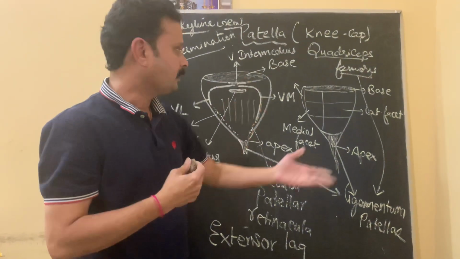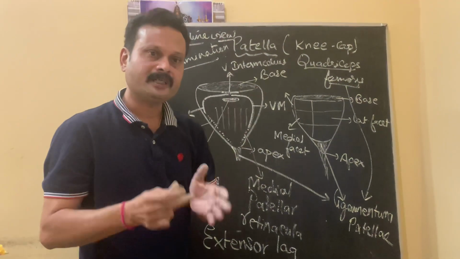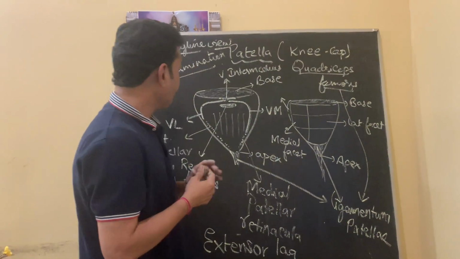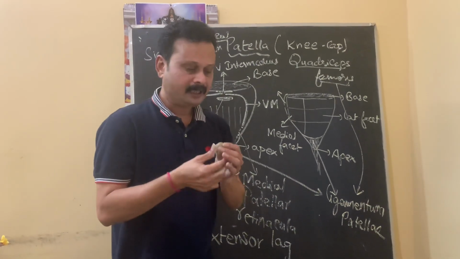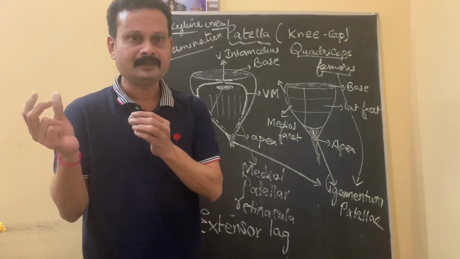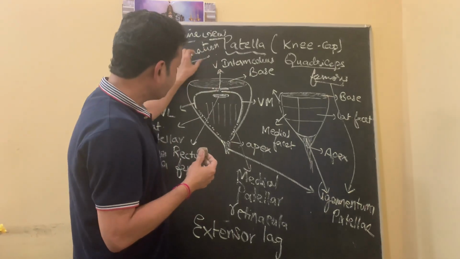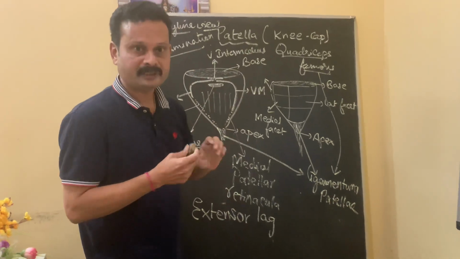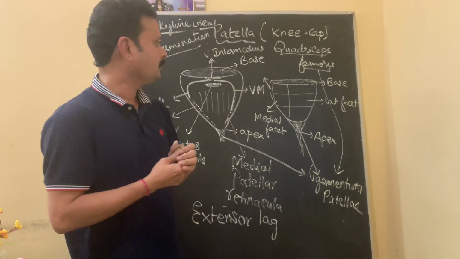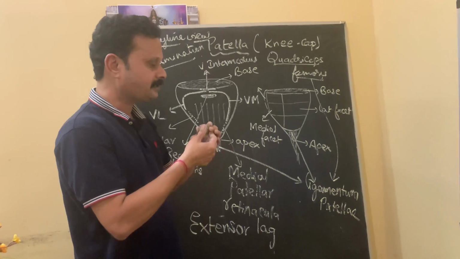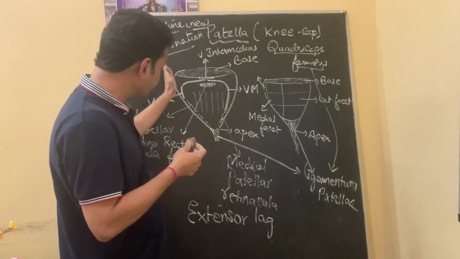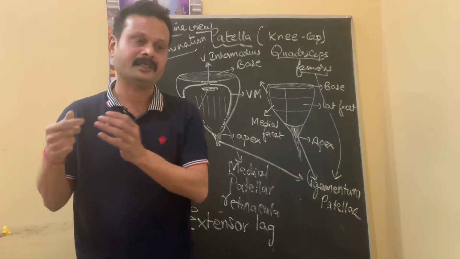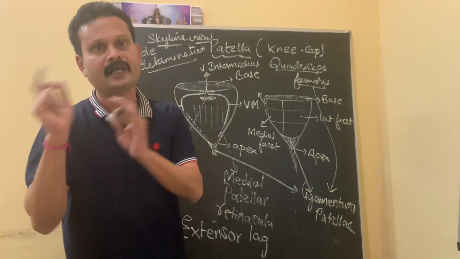And we can see the dislocation of the patella is always to the lateral side, because the vastus lateralis is stronger and the vastus medialis undergoes wasting in the diseases or disorders of the patella. Hence the dislocation of the patella, because of this strong vastus lateralis, will pull the patella more towards the lateral side. Hence, the dislocation of the patella is always lateral.